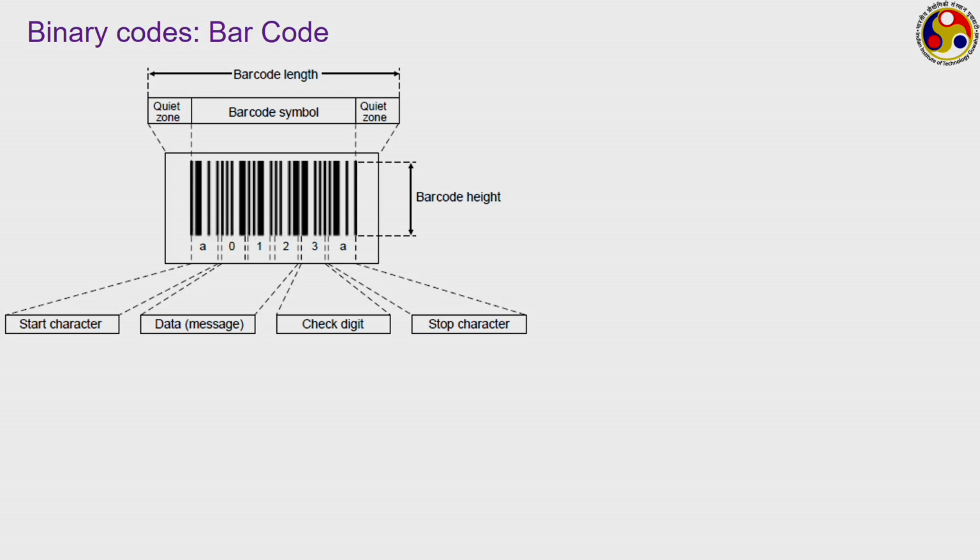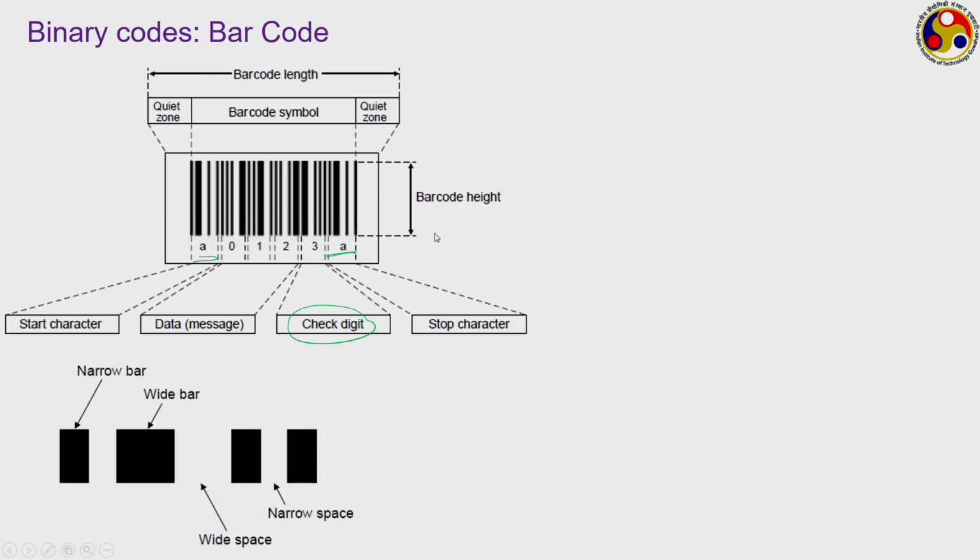There is a buffer zone or quiet zone on either side, and then you have a start character, which indicates to the scanning device from which position it should start scanning. Similarly, the stop character indicates to the scanner exactly where to stop scanning, and then you have the data message in between.